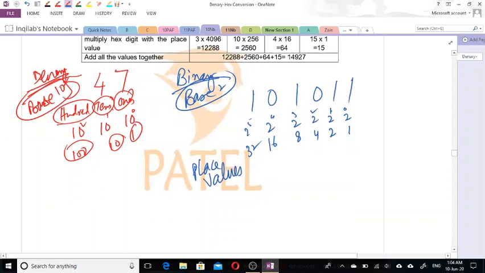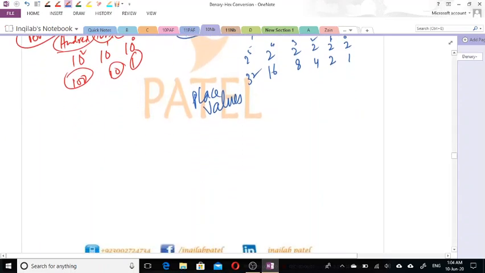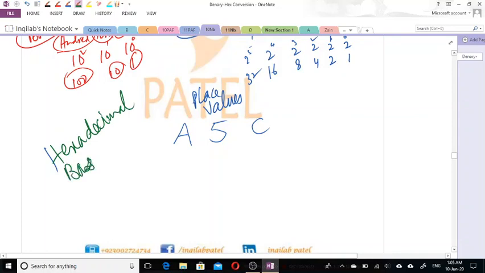The same way is used whenever we are asked to convert a hexadecimal number. Suppose we have a hexadecimal number A5C. We know that hexadecimal is a base 16 number system. So we write down the base 16: 16 power 0, 16 power 1, 16 power 2.